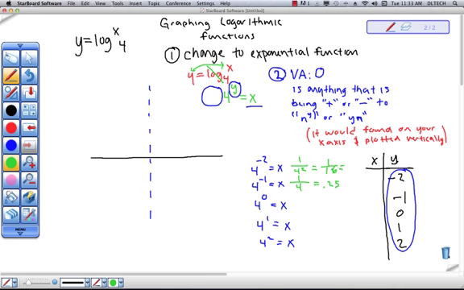You could go ahead and plug this into the calculator, and it should give you 0.0625.